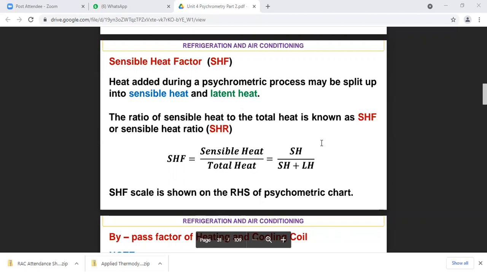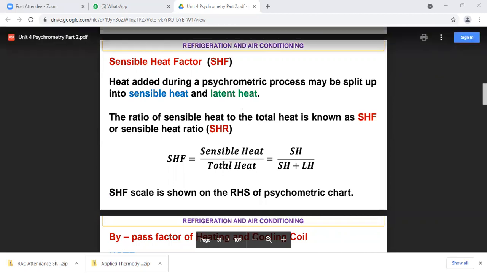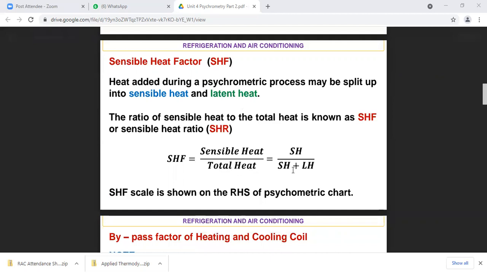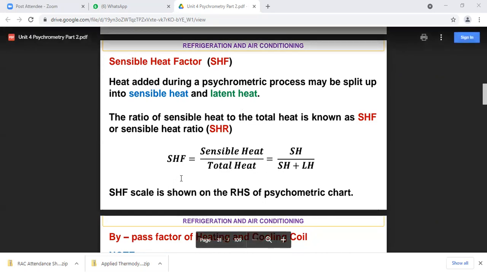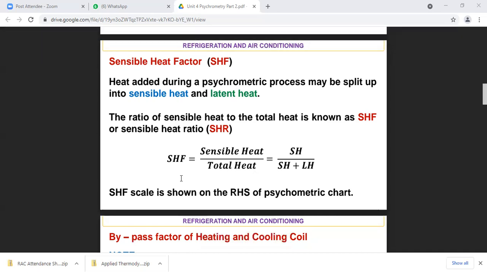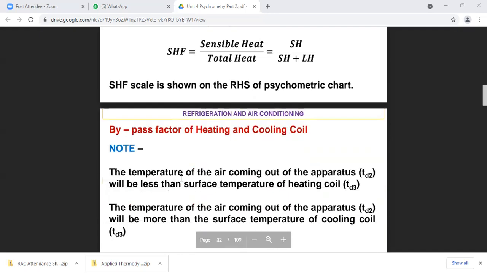The ratio of the sensible heat to the total heat is known as the sensible heat factor. That is, sensible heat upon total heat, where the total is sensible heat plus latent heat. SHF is shown on the right hand side of the psychrometric chart.